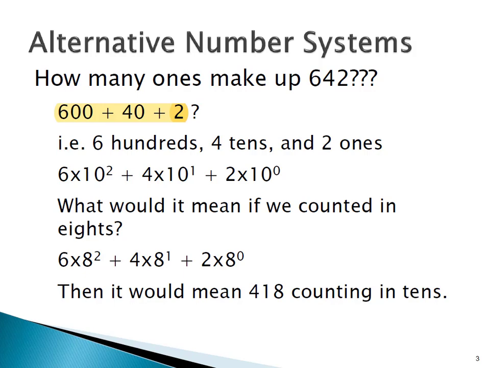So we've got the number, for example, 642. 642 is a number in base 10. In this base 10 number, we've got 600 plus 40 plus 2, and all of that gives us a number in base 10, which is 642.